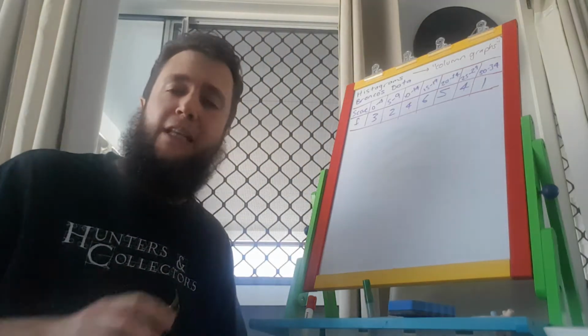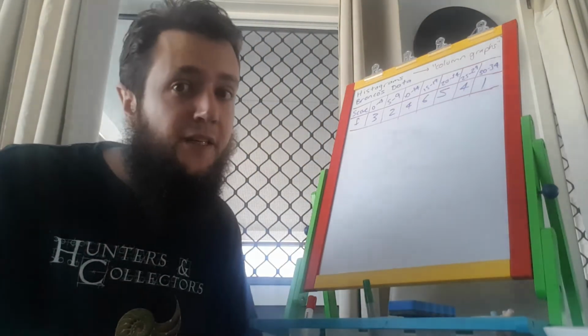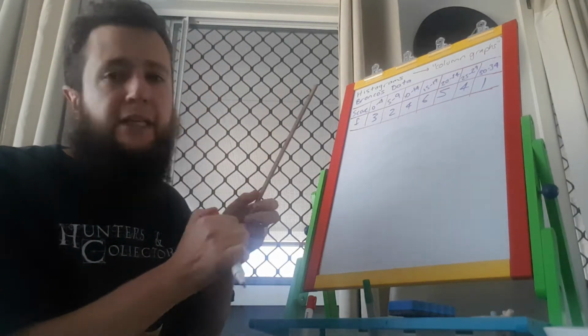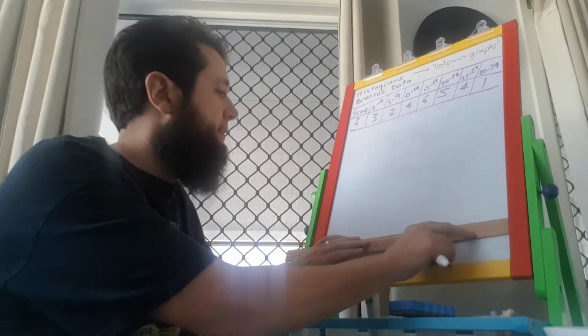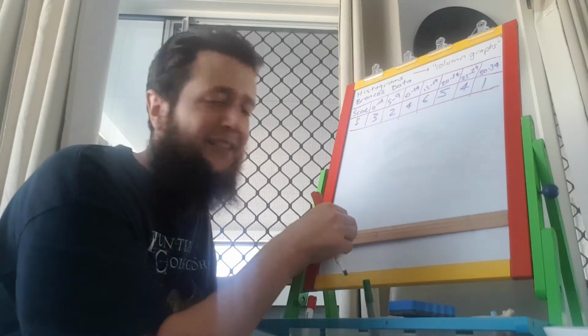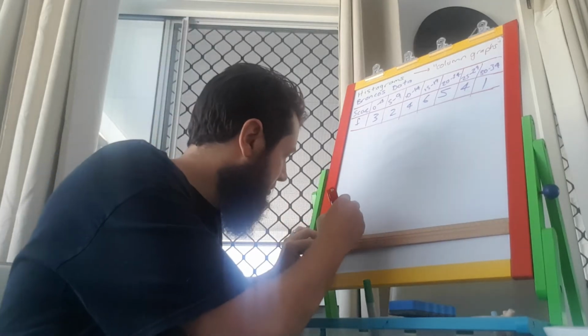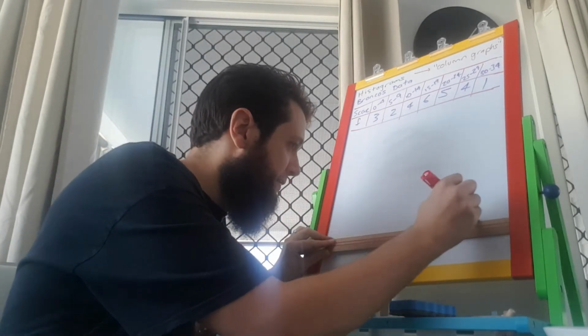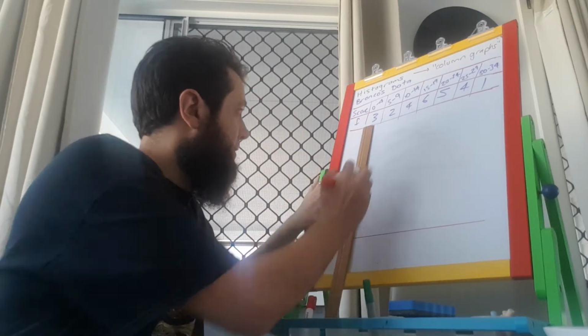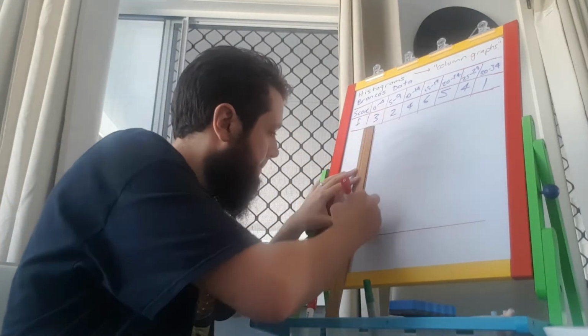Now, once we've got that out of the way, let's use our ruler to actually draw something. So, we're going to have a horizontal axis. I should have got a smaller ruler. Ah, the regret. All right. So, there's going to be a line there somewhere. There's going to be a line here somewhere.